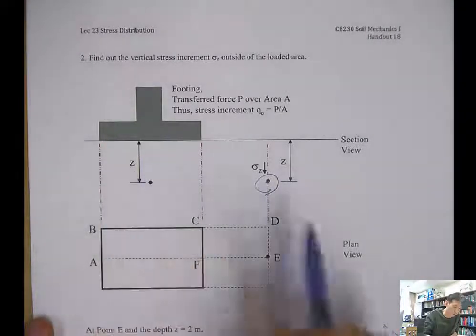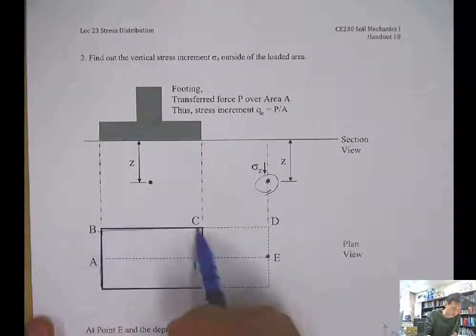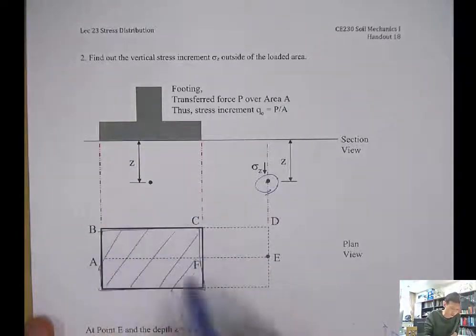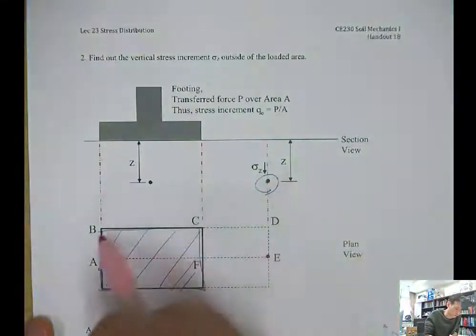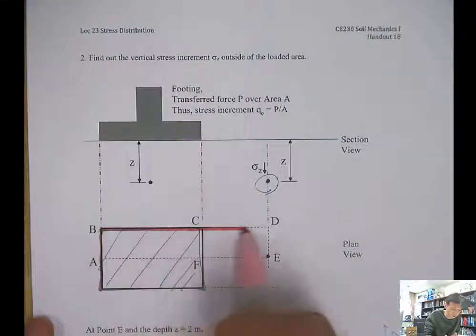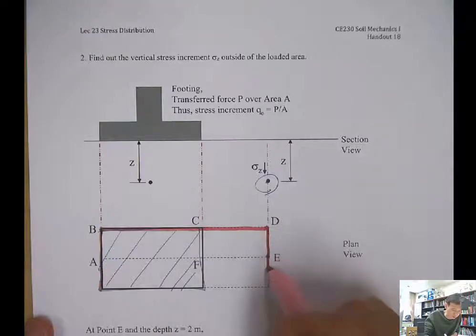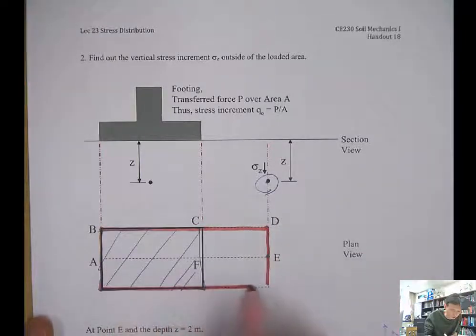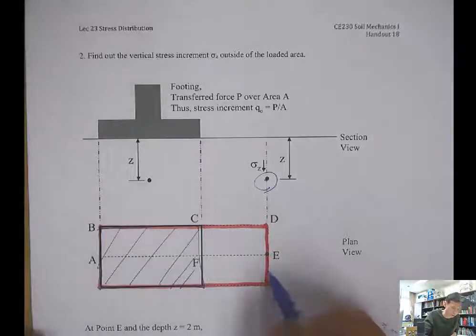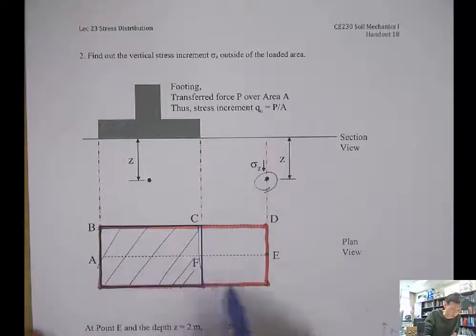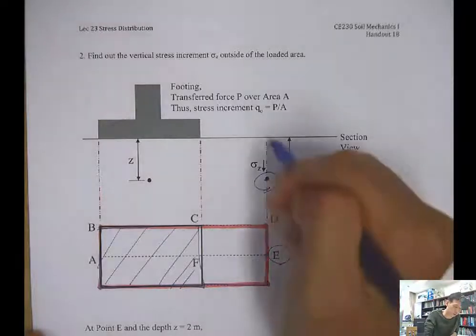If you look from the top, this is the loaded area, right? And you can also draw a rectangle that passes the point of interest E here. This is the point E.